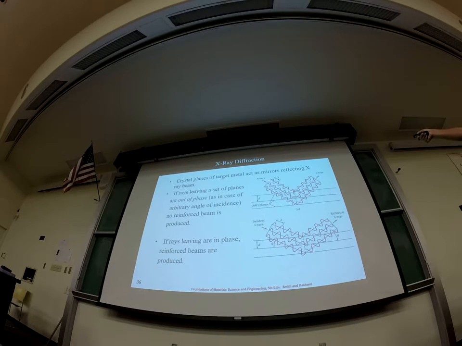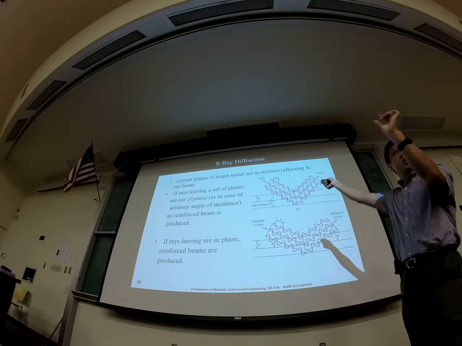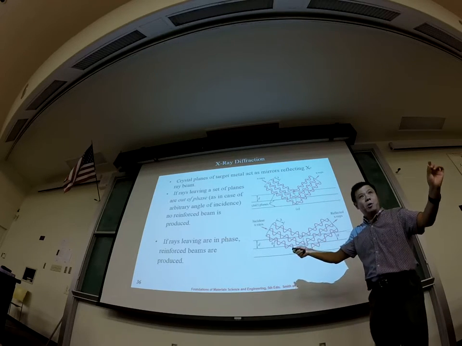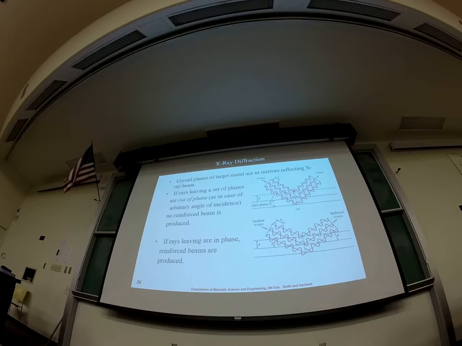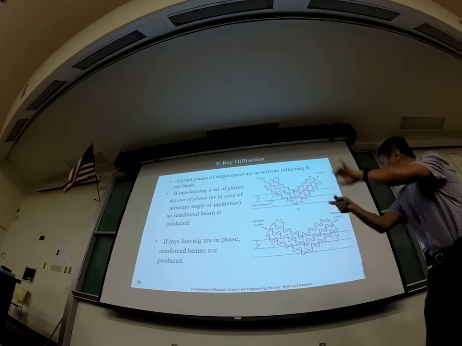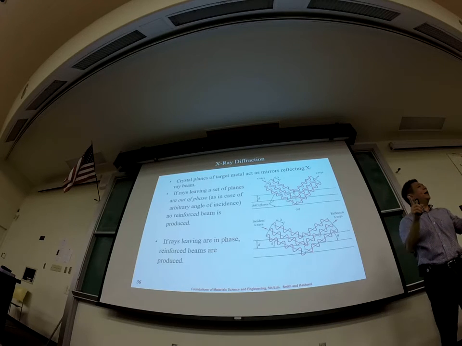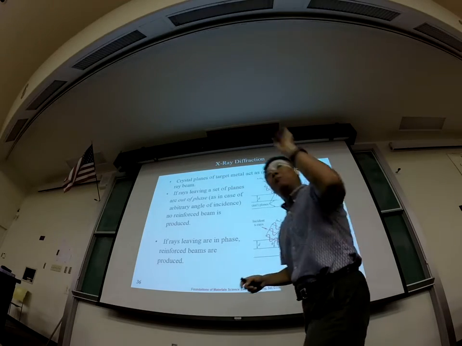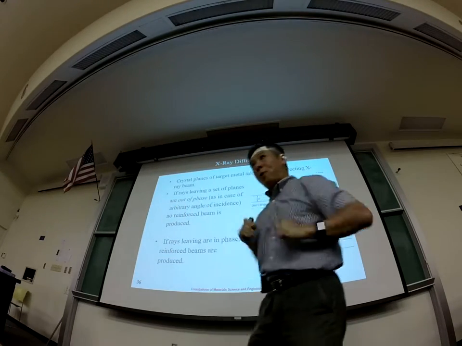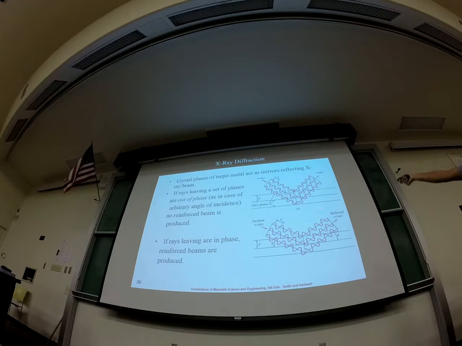When the incoming light, or this time actually X-rays, because they have wavelengths, don't forget, the wavelength of the X-ray needs to be comparable, their dimension needs to be comparable to the interplane distance you are going to explore, right? So in this case, if the X-ray gets reflected from the different HKL crystal planes, the reflected X-rays will interact with each other, right? So don't forget, X-ray is a wave. Okay, so they have wave properties. If they are in phase, or this one shows they are out of phase.